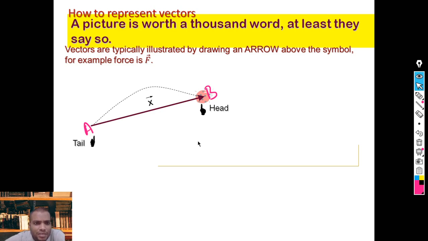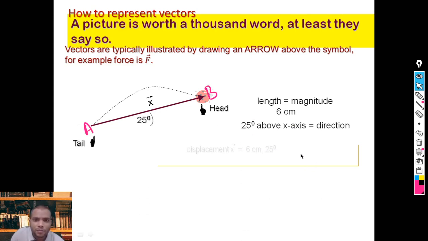For this arrow, the starting point we represent with the tail of the arrow, and the ending point we represent with the head of the arrow. The length of the vector represents the magnitude, and the direction represents in which direction it is moving along a particular reference axis. Here we take the reference axis as the x-axis.